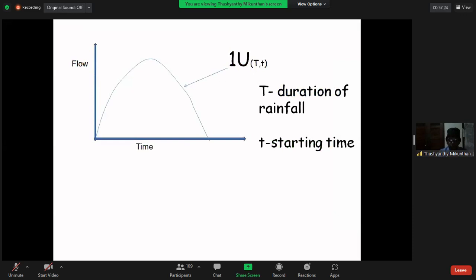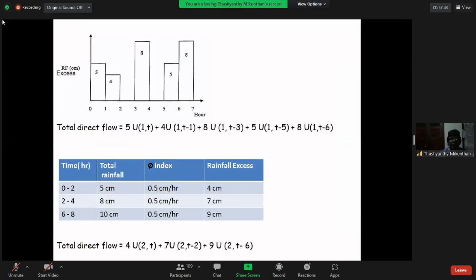Then for the unit hydrograph, write the equation: U(T, t), where capital T is the duration of rainfall and simple t is the starting time of the rainfall. Usually students ask why t-1, t-3, something like that.